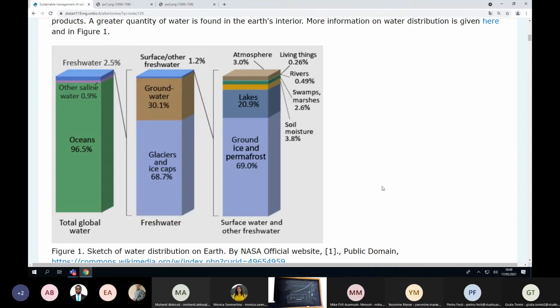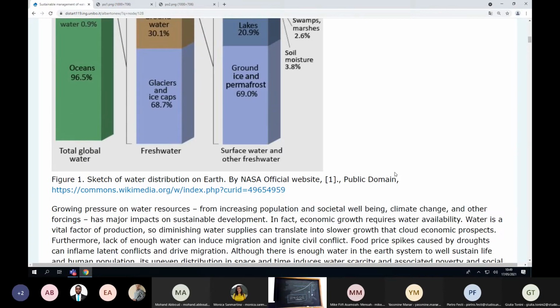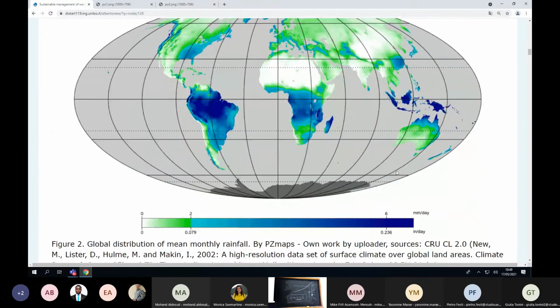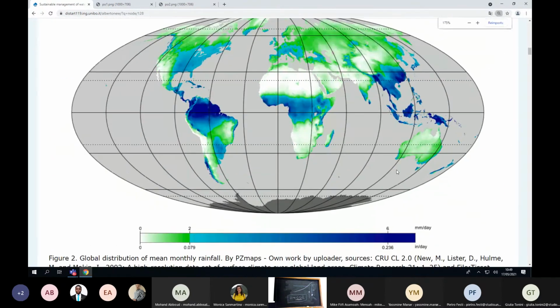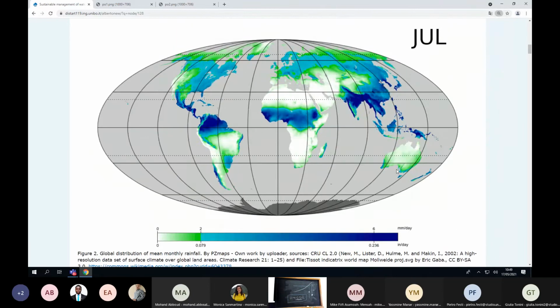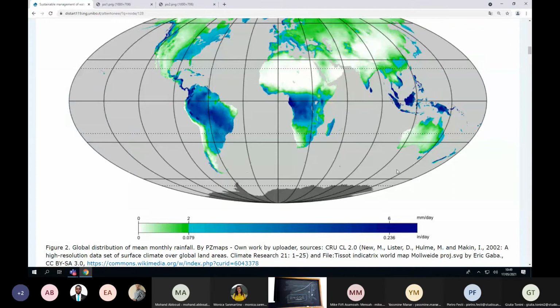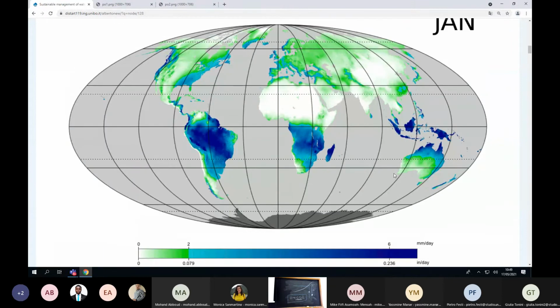And it's important that you remember that groundwater is about 1/3 of this 3%. This gives you an idea of the distribution of fresh water, which is something we are concerned of. Also here you see this figure, which is the distribution of precipitation. What's important here is to remember the orders of magnitude.